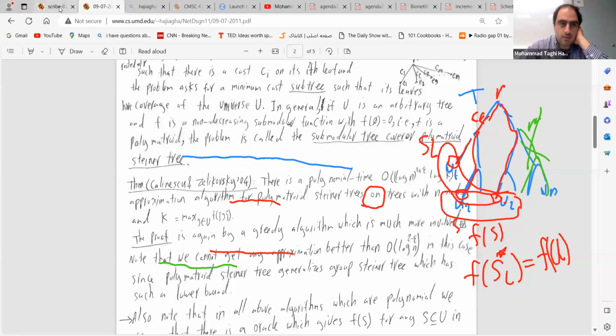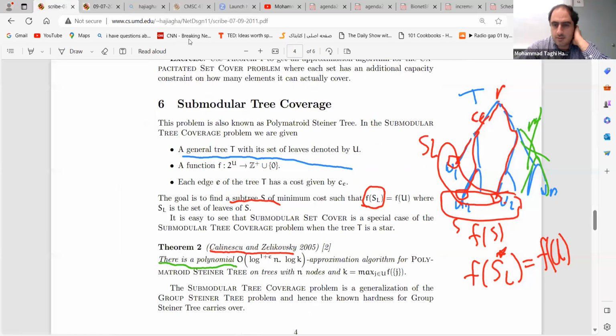Now let's go back to that other thing because I didn't want to change this one. As I mentioned, here n is the size of the tree, and k is the same parameter as we have talked about. If we consider each of them individually, what is the max of them?